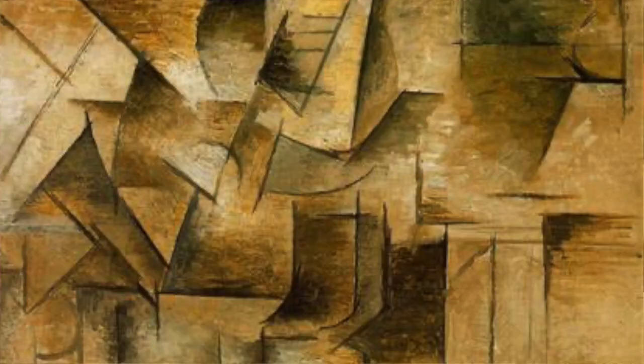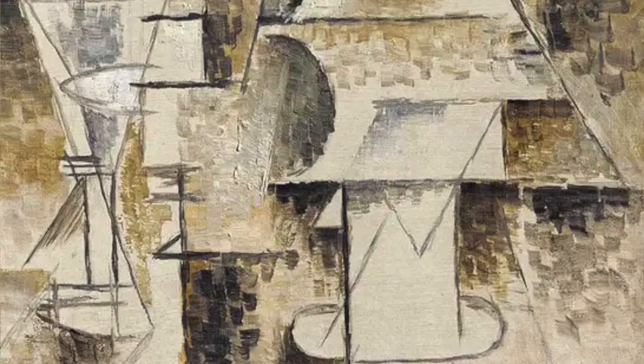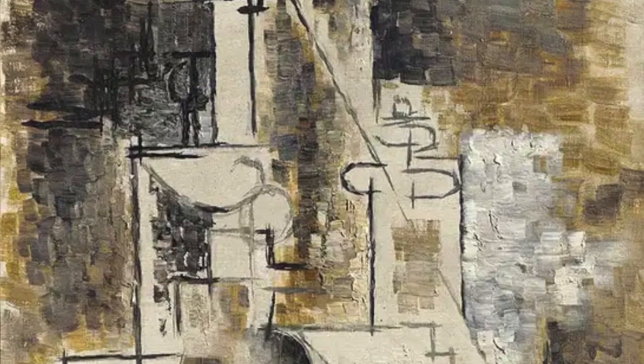Now, as historian Will Gompertz pointed out, Cubism wasn't the best name, because unlike a cube, which creates the illusion of three-dimensional space, Picasso and Braque worked to render space in flat planes, that is, squares, not cubes. Regardless, the name Cubism stuck.